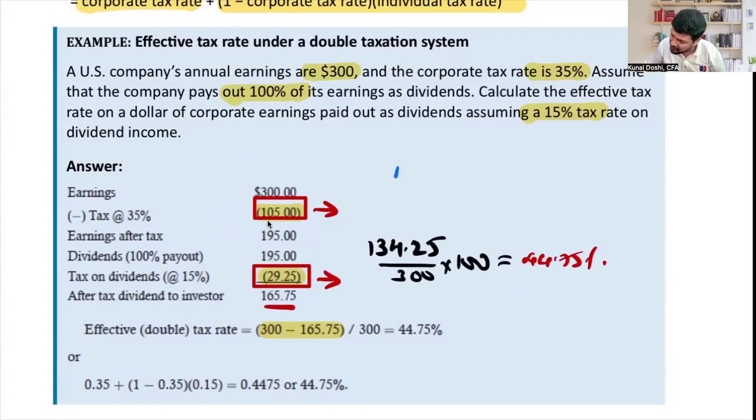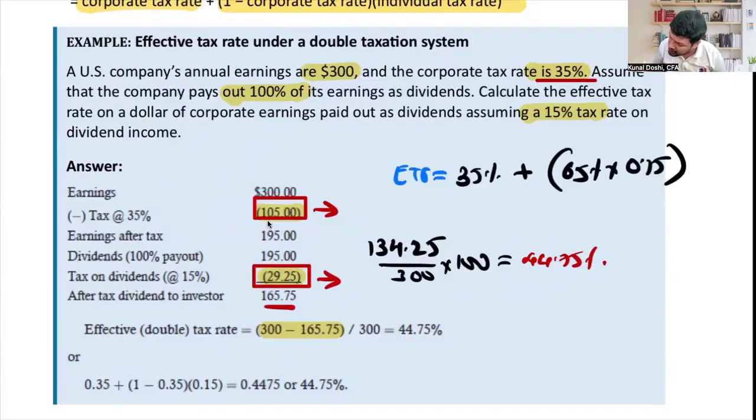What was the formula? My effective tax rate, of course they've given here, is my corporate tax rate, which is 35%. So check out, this is 35%. Now how much is the balance? Balance is the 65%. On that you will pay 15% as the tax rate. So this will also give you the same answer. You can verify this.